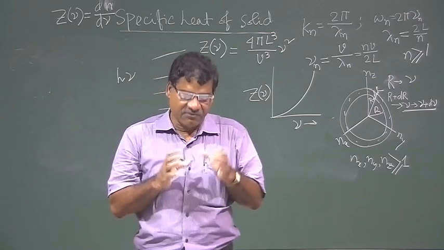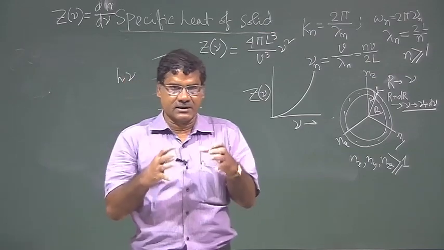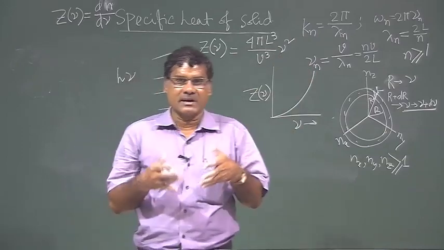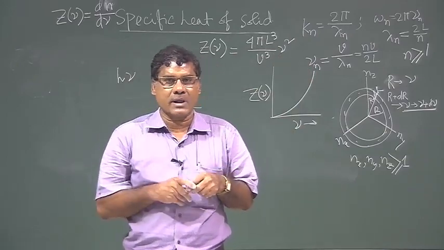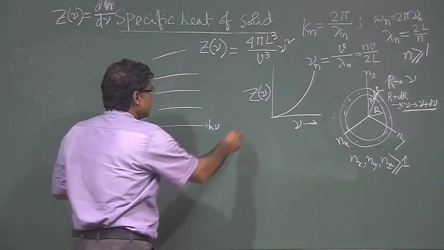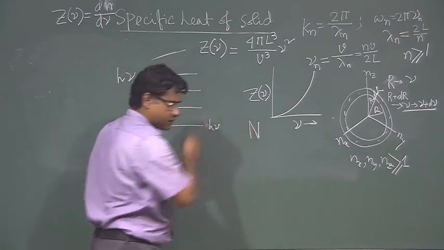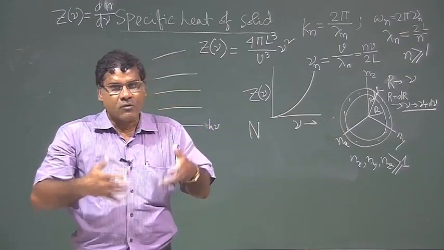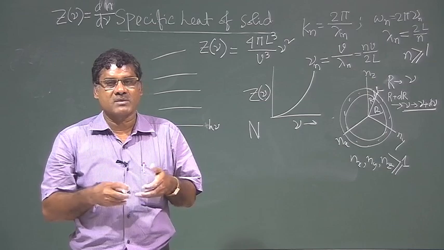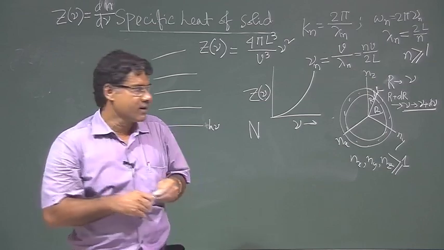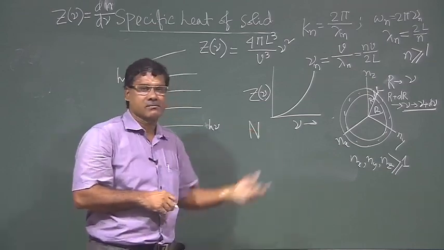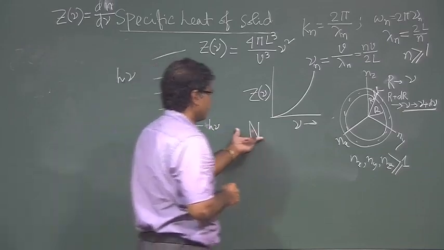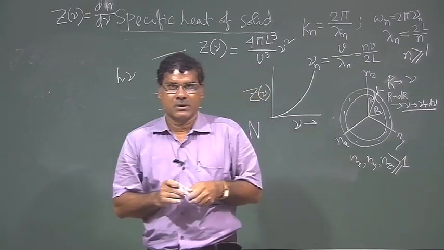So, if this solid, our cube, has length L on each side, and it contains a total number of N atoms, then basically all atoms are vibrating together. Now, he considered the total number of modes.